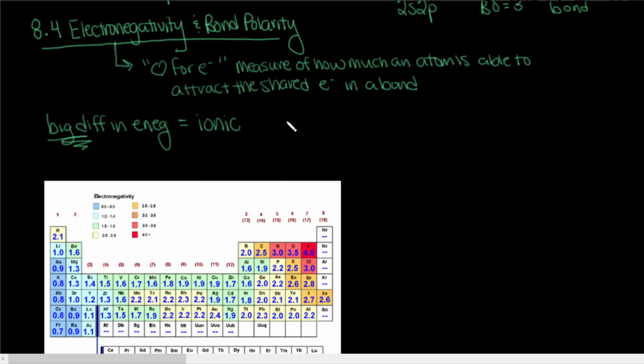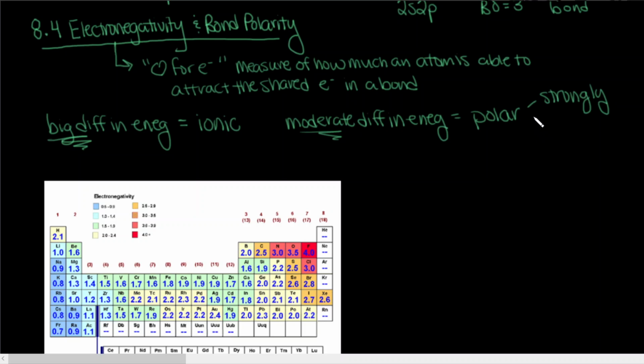If you have a moderate difference in electronegativity, your bond is going to be polar. Now, we can talk about relative polarity, like you can have strongly polar and you can have weakly polar.